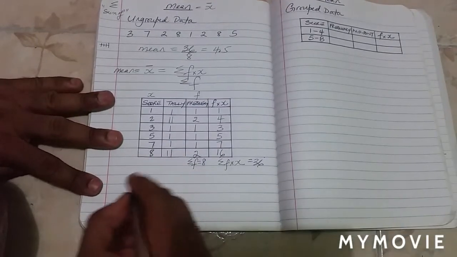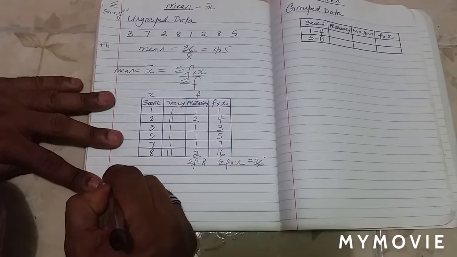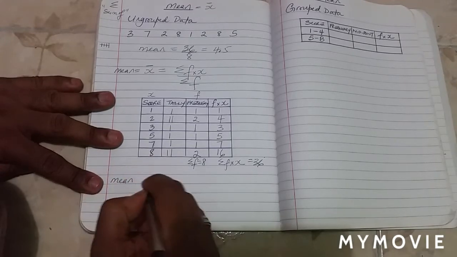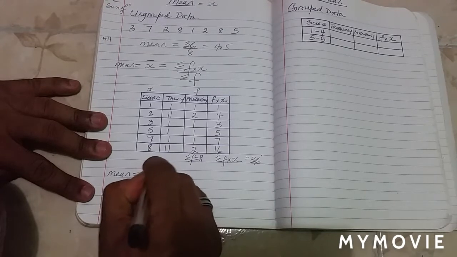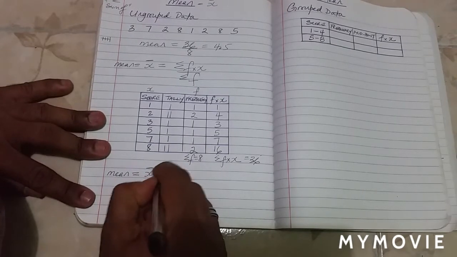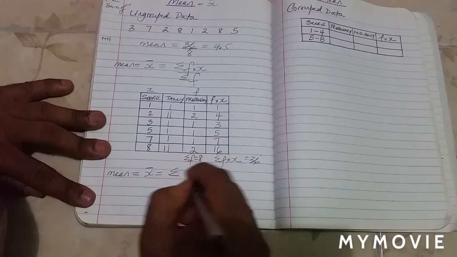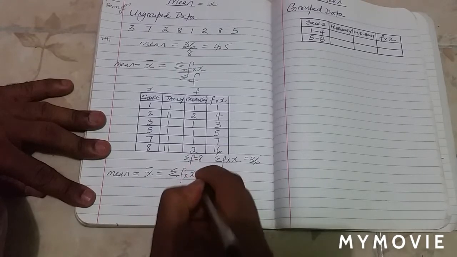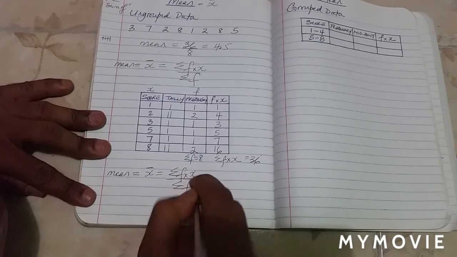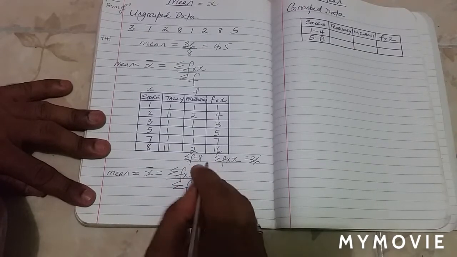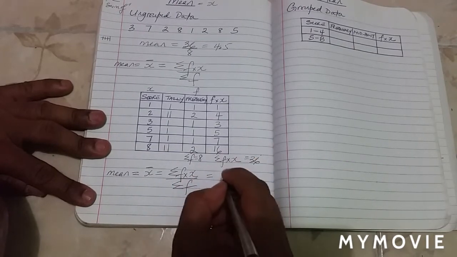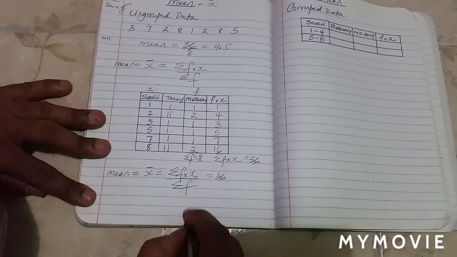Now, let's get back to the formula where we're finding mean. So the mean is actually going to be equal to, and this is the symbol for mean right there, the sum of f times x over the sum of f. Now we already know what the sum of f times x is. That's 36.